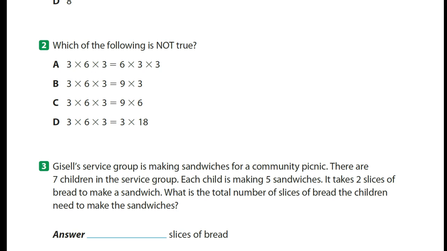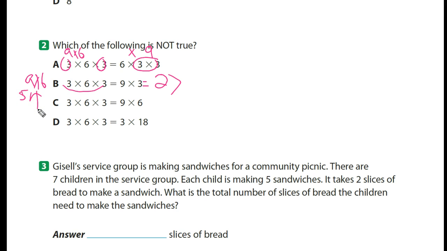That would be equal because 3 times 3 is 9, and then 9 times 6 is 54. I have 3 times 3 is also 9, and 6 times 3 is also 54. So that would be equal, right? 9 times 3 is what? 27. But it was 3 times 3 is 9, and 9 times 6 is 54.